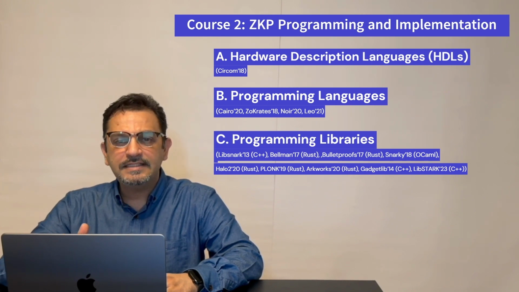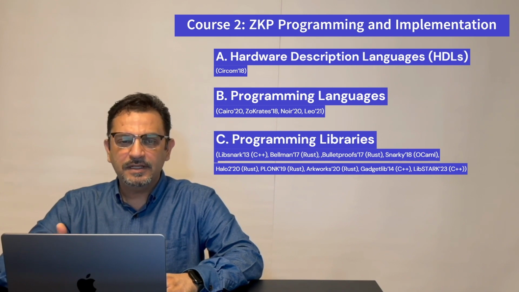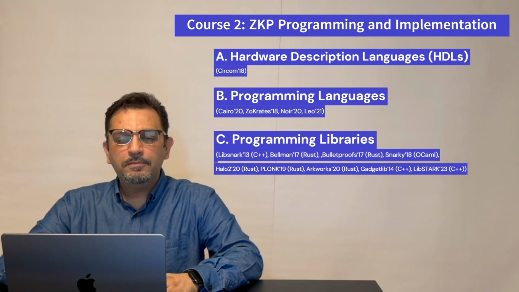Libraries, in contrast, help in developing ZKP applications using popular programming languages like Rust or C++. In our course, we will explore the most popular tools in each category, and you will learn a wide range of languages and libraries.